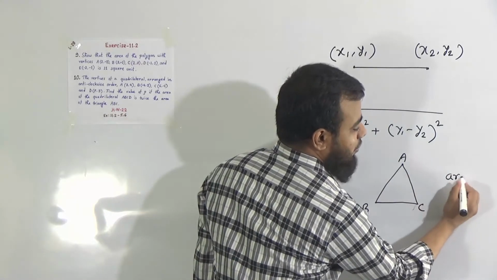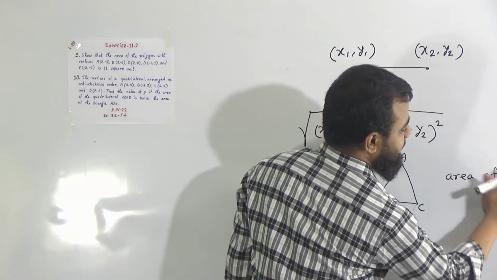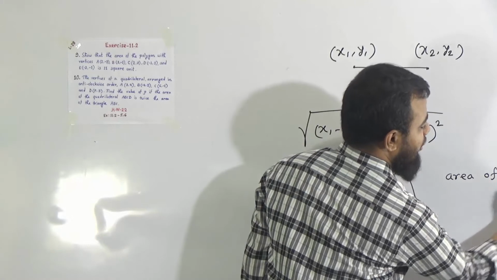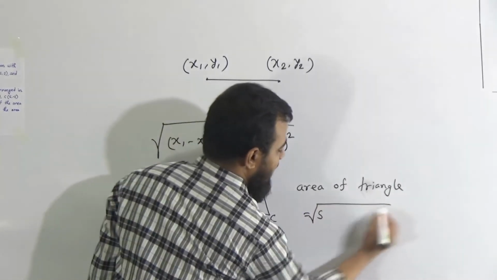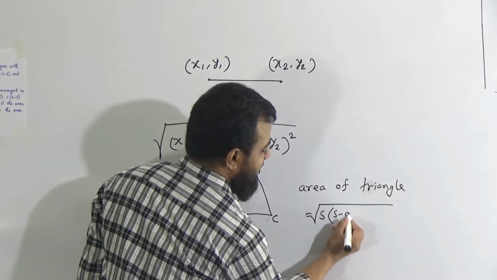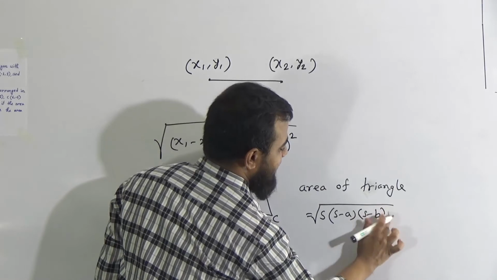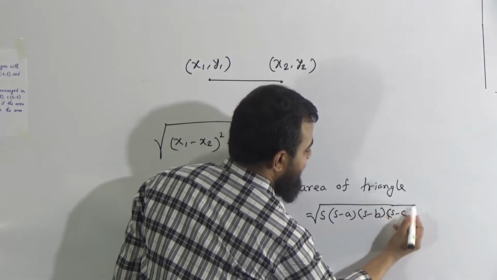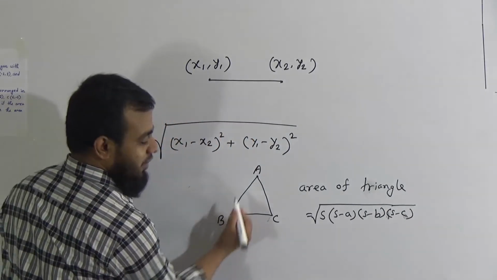Area of triangle is what? Area of triangle is equal to square root of s into s minus a, s minus b, s minus c. Here a, b and c are the 3 sides of a triangle.